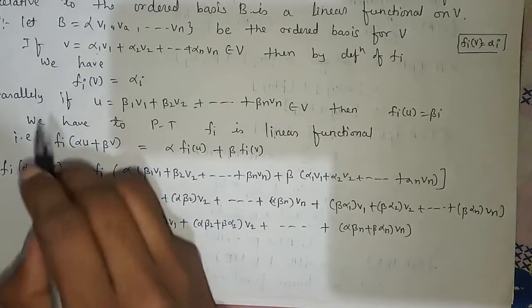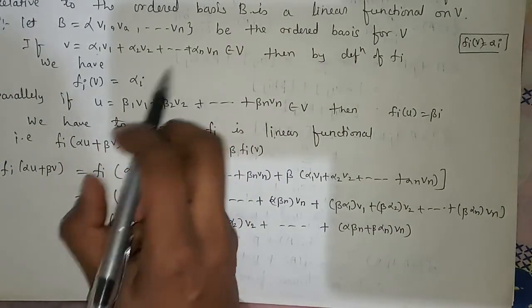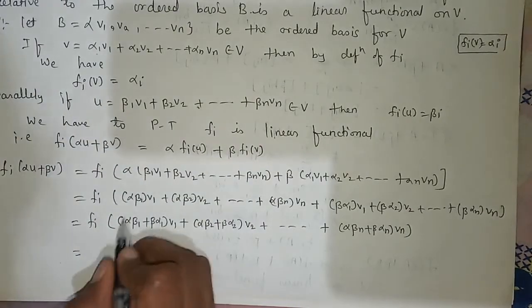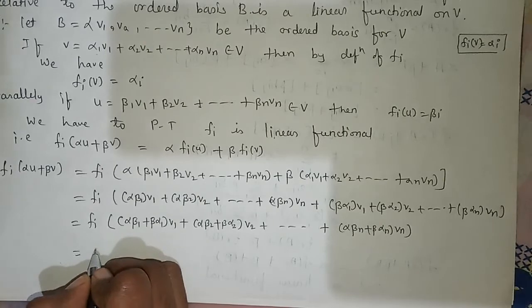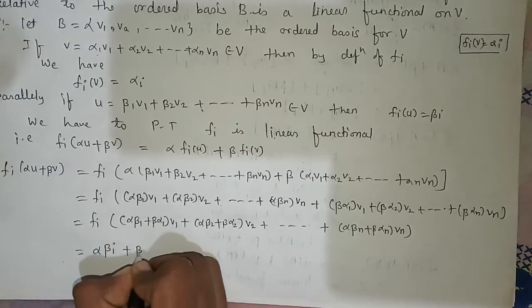Now we know that if we have V as alpha 1 v1 plus alpha 2 v2 plus alpha n vn, then fi of V is nothing but alpha i. So here we have alpha i as this. So from this we can see that this is nothing but alpha beta i plus beta alpha i.